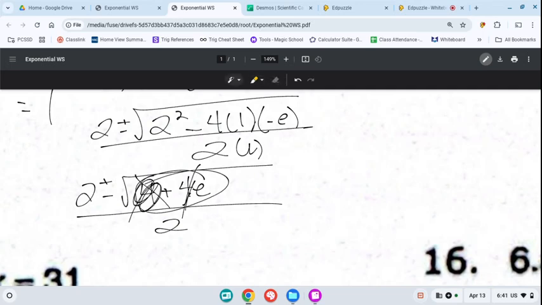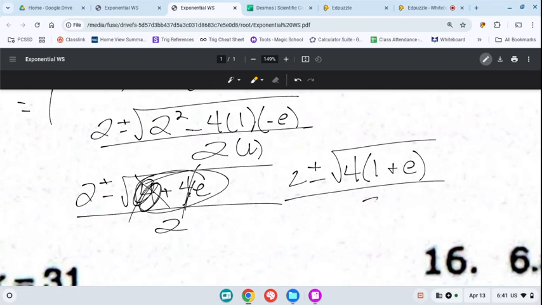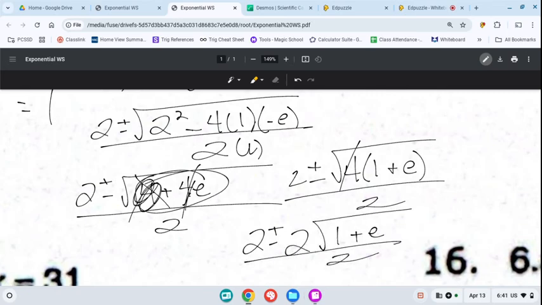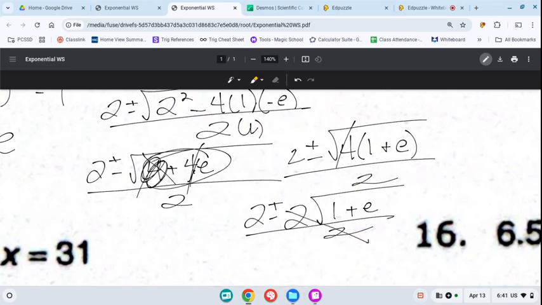I'm going to factor out, like I said, 4 times (1 plus e). There we go. 2 plus or minus the square root, over 2. Do that square root. So now I have 2 plus or minus 2 times the square root of 1 plus e, over 2. Well, I can divide this by 2, divide that by 2.